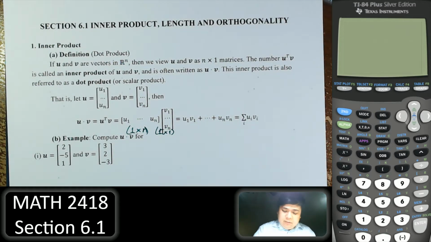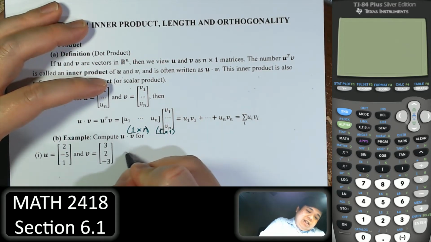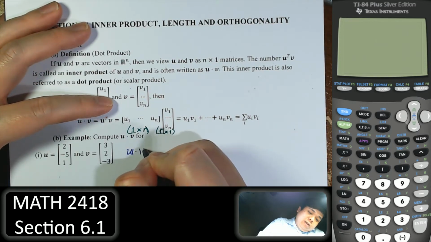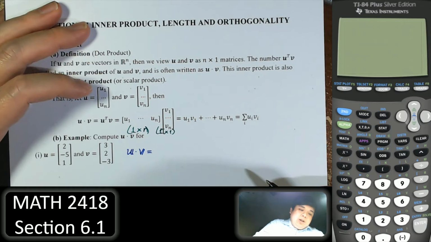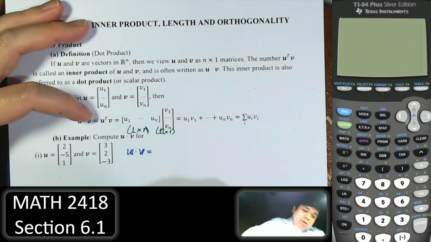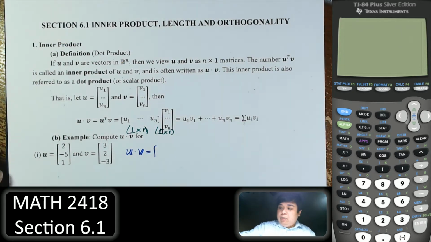Right. So let's look at the first example, the dot product of u and v. The dot product is equal to u transpose, so I'm going to write that first and then apply it.